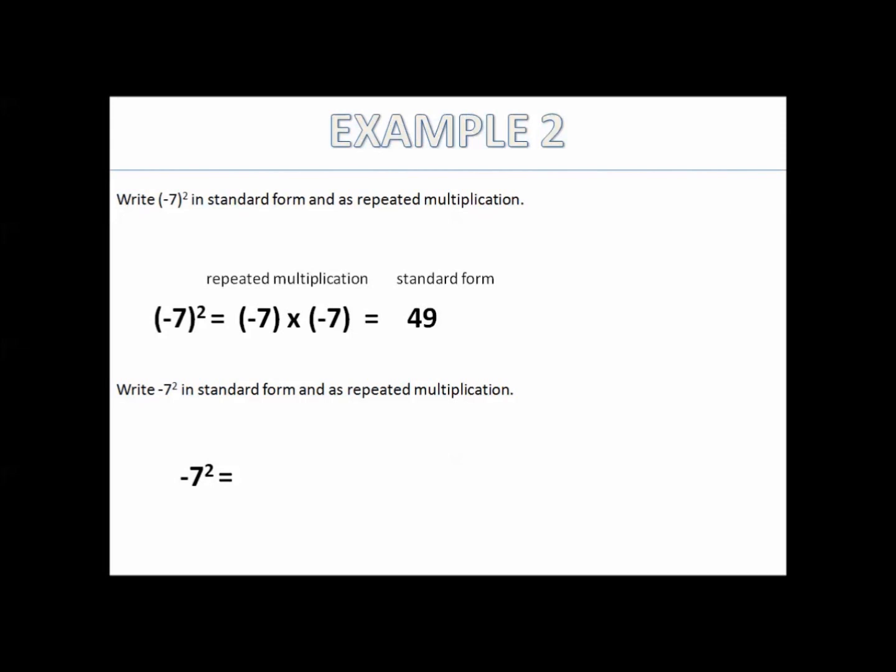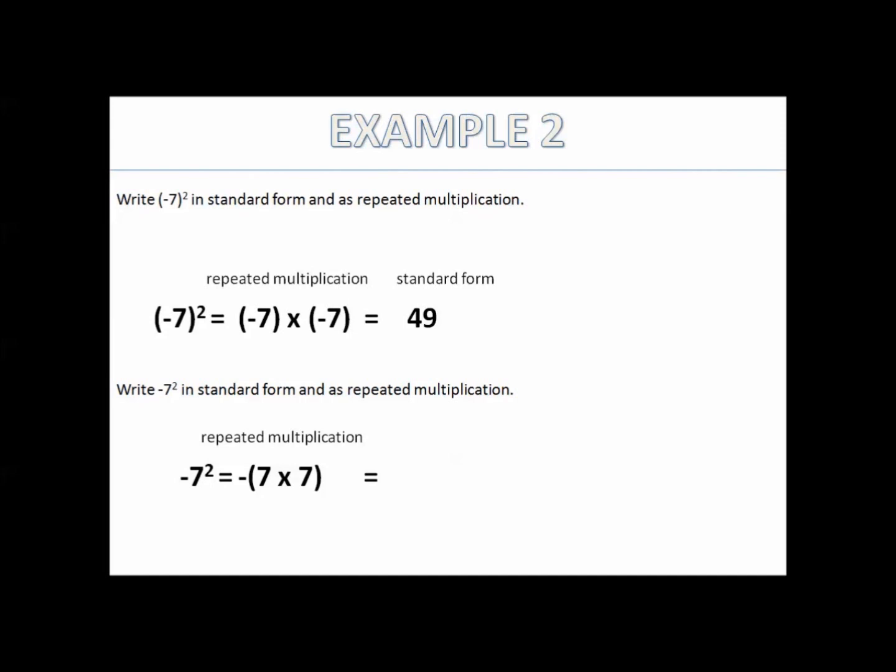Second part, write -7 squared in standard form and as repeat multiplication. But notice that -7 is not in brackets. This changes a lot because it only applies the exponent to the base. It doesn't actually include the negative sign as well. So for repeated multiplication, we get something that looks like this.